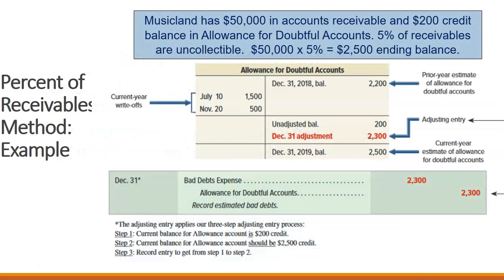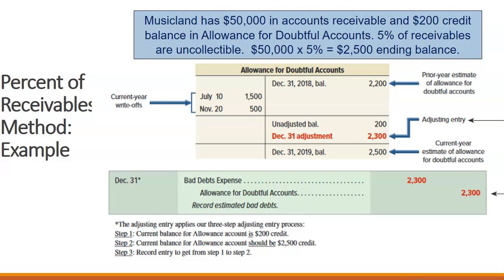So under the percent of receivables method, we have said that 5% of receivables are uncollectible. At the beginning of the year, we have a $200 credit balance in allowance for doubtful accounts, and we estimate that 5% of receivables are uncollectible. Our accounts receivable is $50,000.